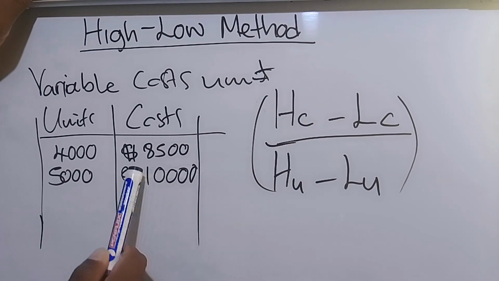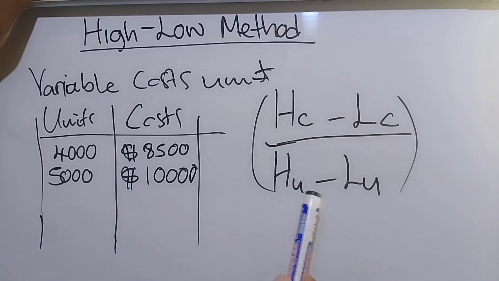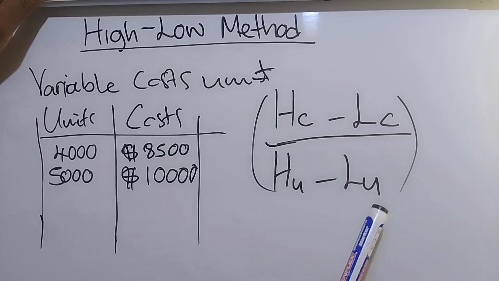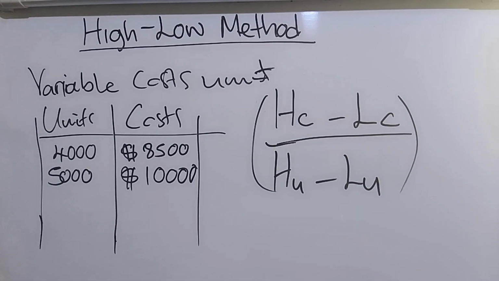Then the lower cost will be, of course, 8,500. Then we go to the units. Higher units is 5,000, lower units is 4,000. It's more like calculating the gradient. So if you know how to calculate the gradient, it will be just a clear thing for you.